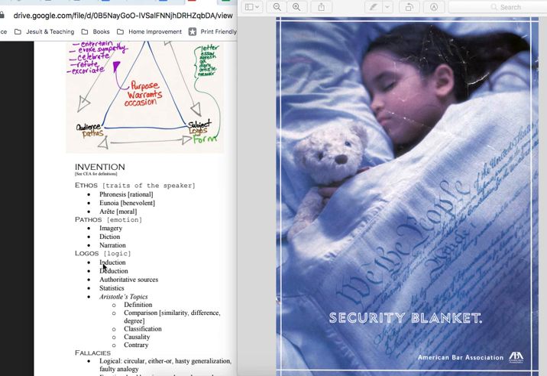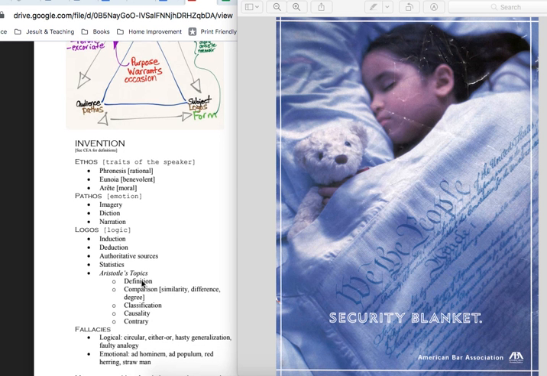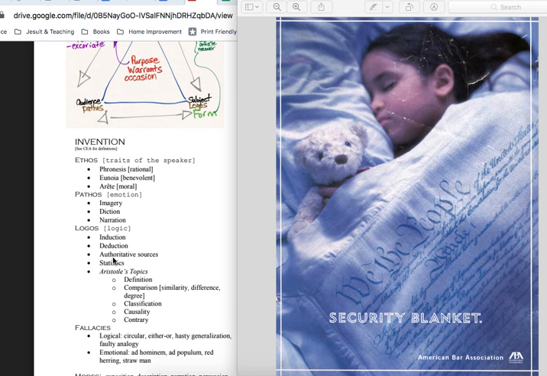Now, we've already touched a little bit on logos. Logic also helps communicate that the speaker is logical. But let's take a look at some of the different logical appeals here. We have induction and deduction. In many ways, security blanket is the claim, the argument, and then the proof and the evidence is right here in the imagery.